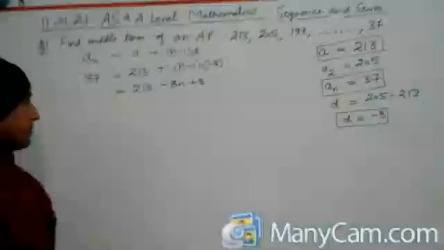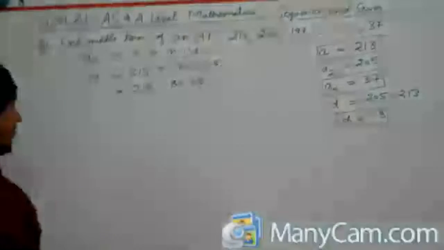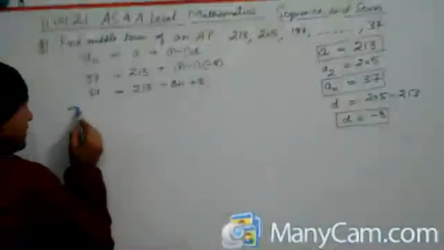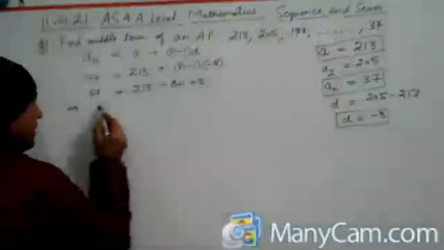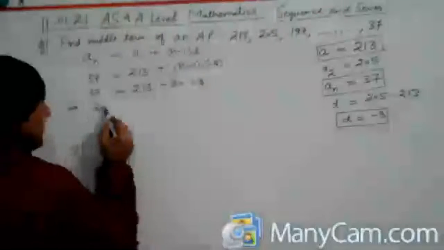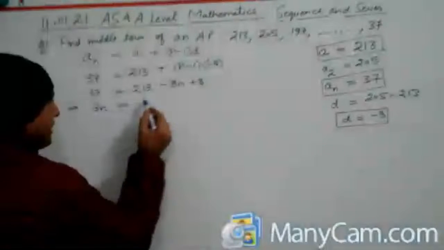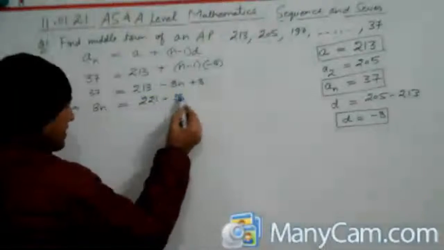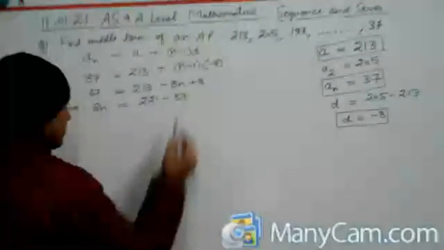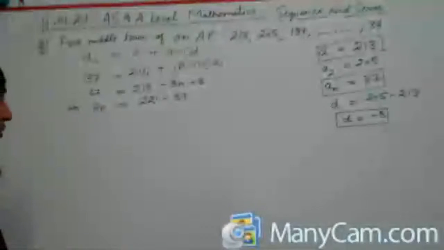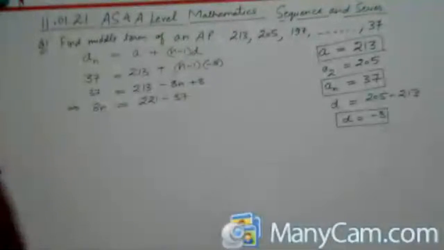This implies that 8n equals 221 minus 37.